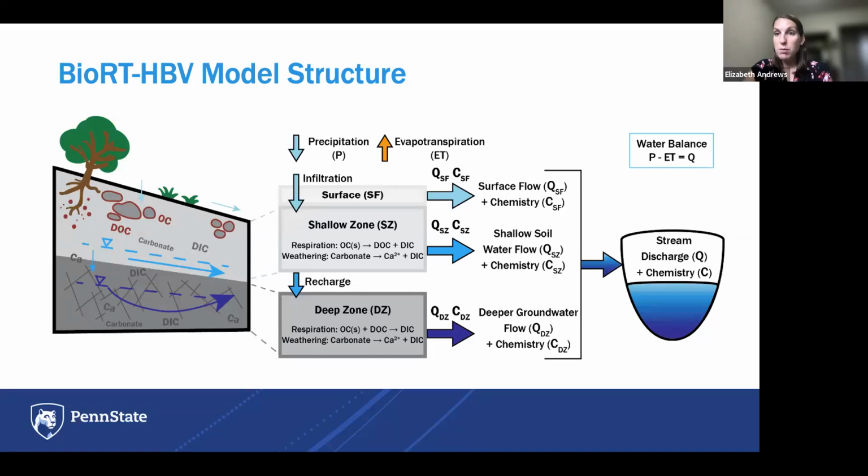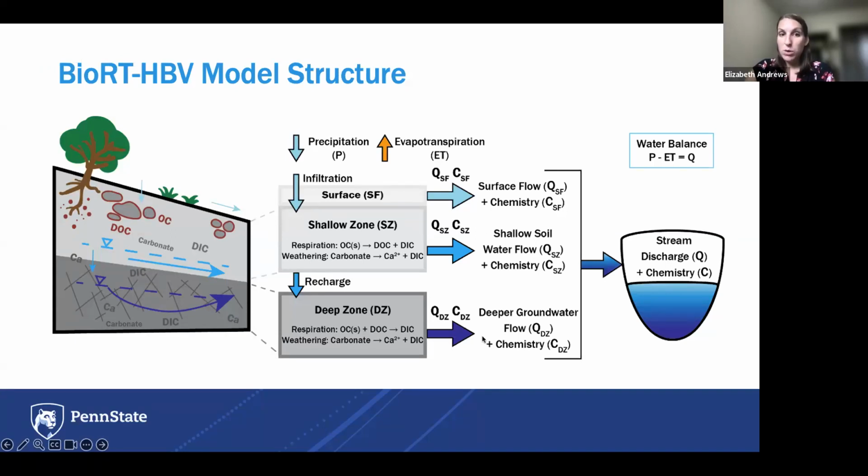Then we have chemistry and discharge from that shallow zone, either leaving the shallow zone in an outward movement towards the stream, or infiltrating deeper into the deep zone as recharge, where again, we have a discharge and a concentration from that zone.